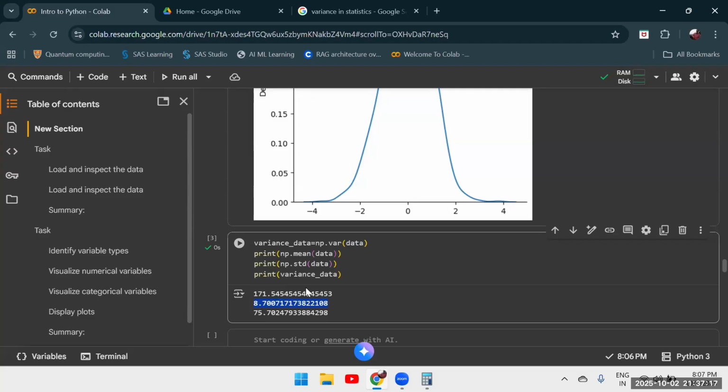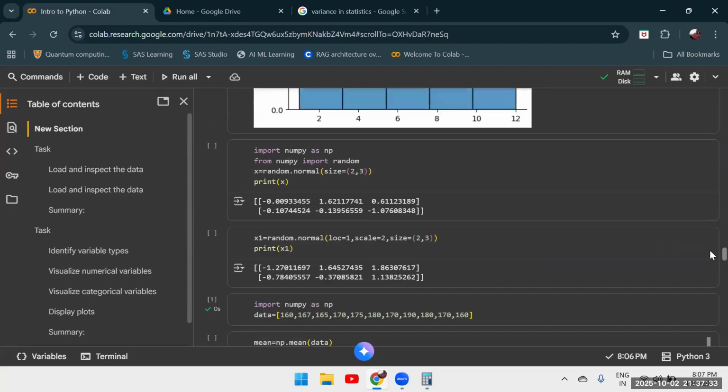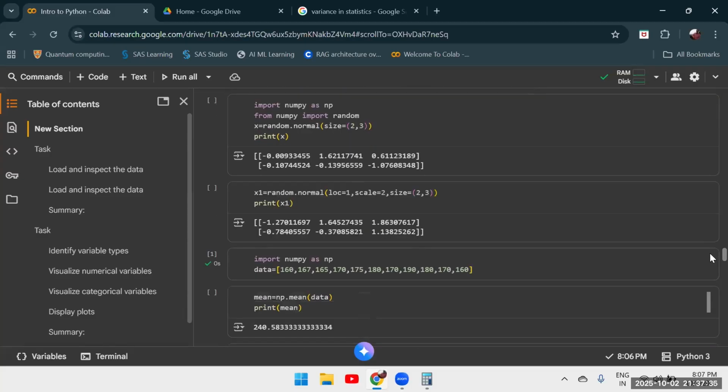The variance is saying the variability of the data is somewhat there. For example, it ranges from 160 until 185 or 190. That's why it gives us a specific number for variance. Its maximum is 190, minimum is 160, so around 30 it is moving.